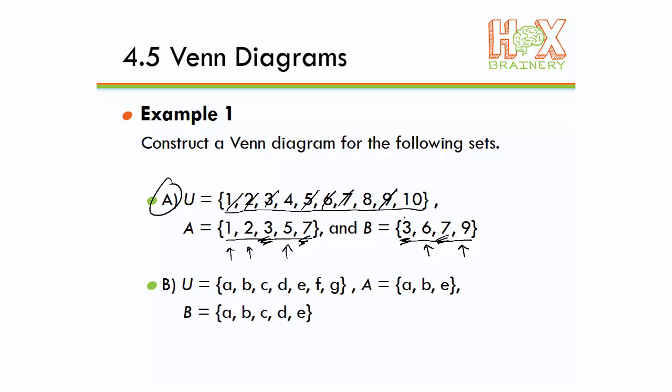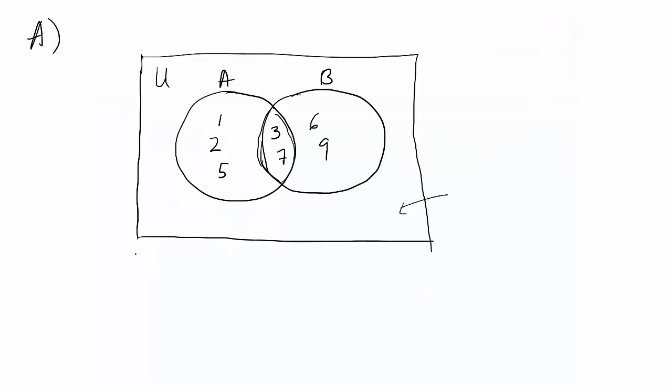Those are already in our Venn diagram, but we still have 4, 8, and 10 that are in our universal set that are not in set A or in set B. So those are just going to go on the outside of those 2 circles. So 4, 8, 10. I'll just write them over there. And then we're done. So this was relationship 3 with the 2 overlapping sets.